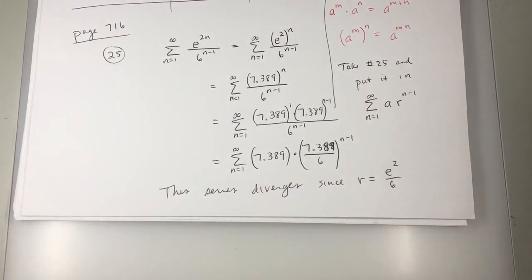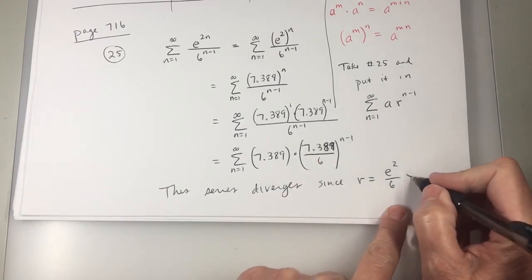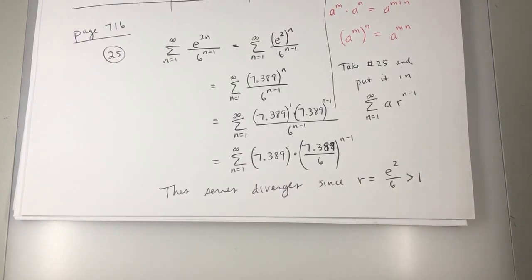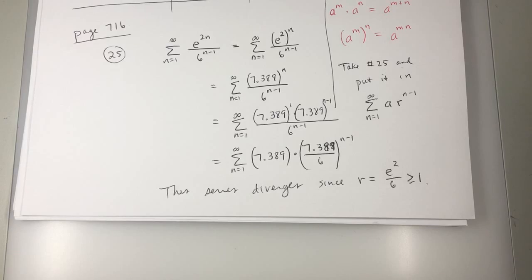I wrote it as 7.389, so you would see this fraction that's formed is bigger than 1, and I could put greater than or equal to 1, but certainly it's greater than 1, so this series diverges.